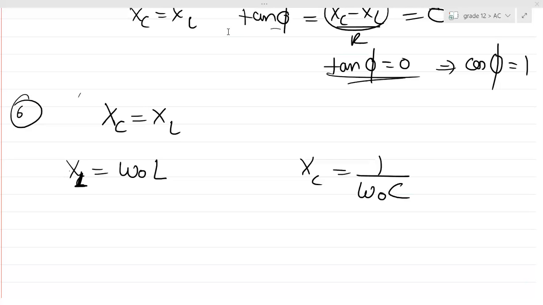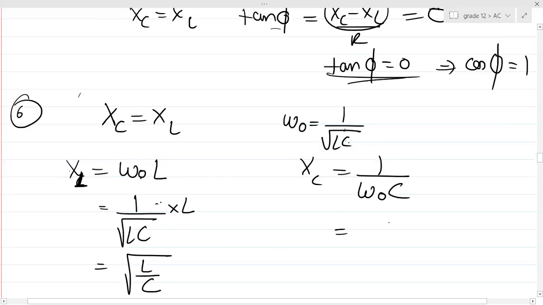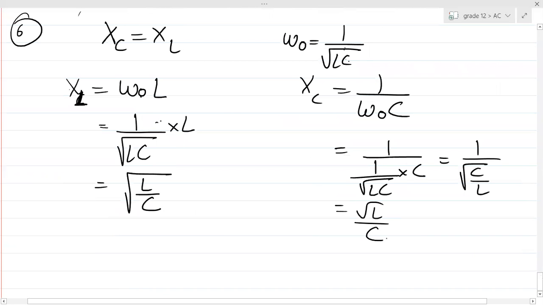So omega naught, we just calculated a little bit earlier. Omega naught was basically equal to what? 1 by under root of LC. So can I write this over here? If I write this over here, under root of LC into L, then on solving this will become under root of L by C. And similarly, if I solve this, it will become 1 by under root of LC into C, which will be equal to under root of L by C. So all, please remember this particular thing.